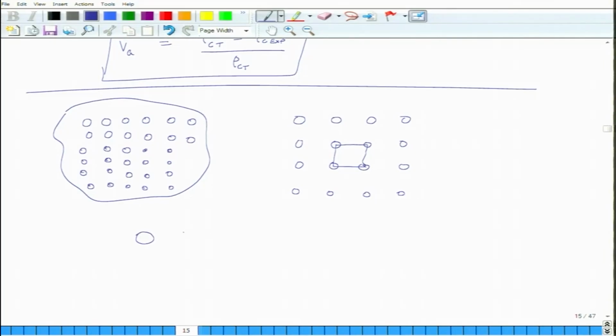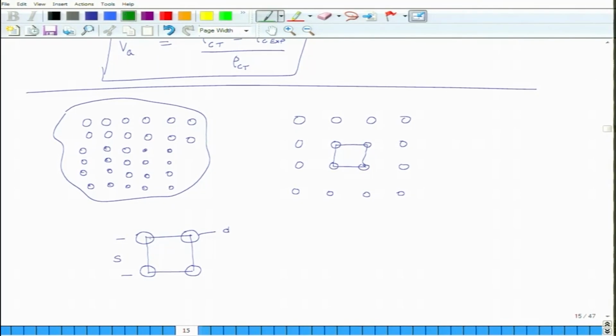So, you have 4 fibers. Let us say the fibers, and we assume that all the fibers have the same diameter, otherwise things get more complicated. So, let us say that the diameter of the fiber is d and the size of the square is s.